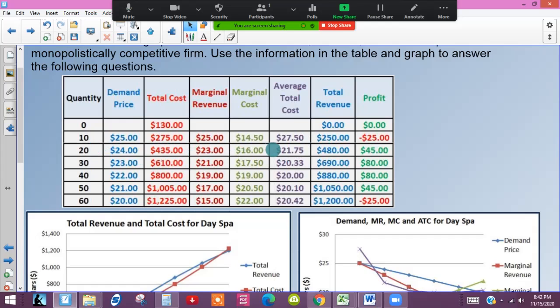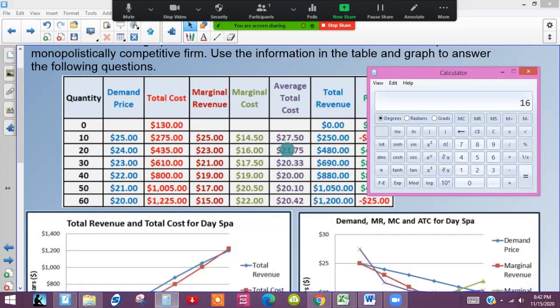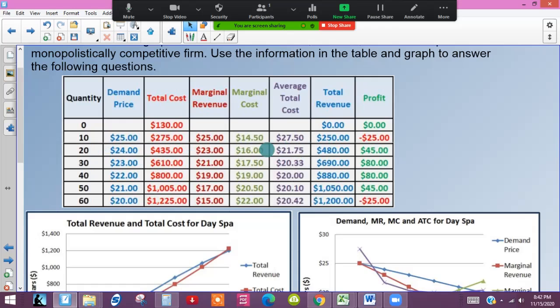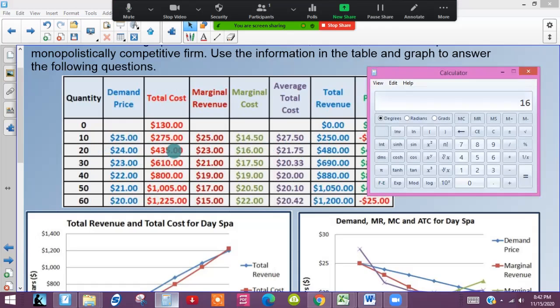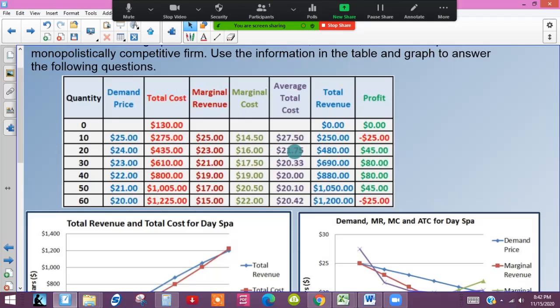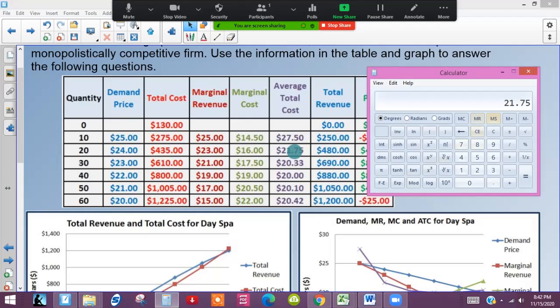So if we didn't know what the average cost was at an output of 20, we would simply take the total cost at an output of 20, which is 435, and divide by 20, and that's going to give us 21.75 for our average total cost.